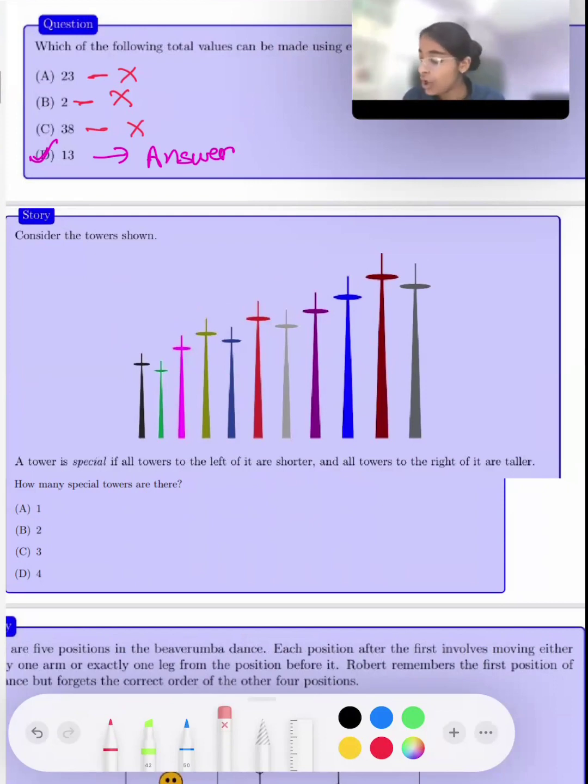So if all the towers to the left of a tower are smaller, and all the towers to the right of that tower are bigger than that tower, then that tower is special. So how many special towers are there in this figure? I'll give you 2 minutes to solve the problem on your own. And just raise your hand once you're done, once again.